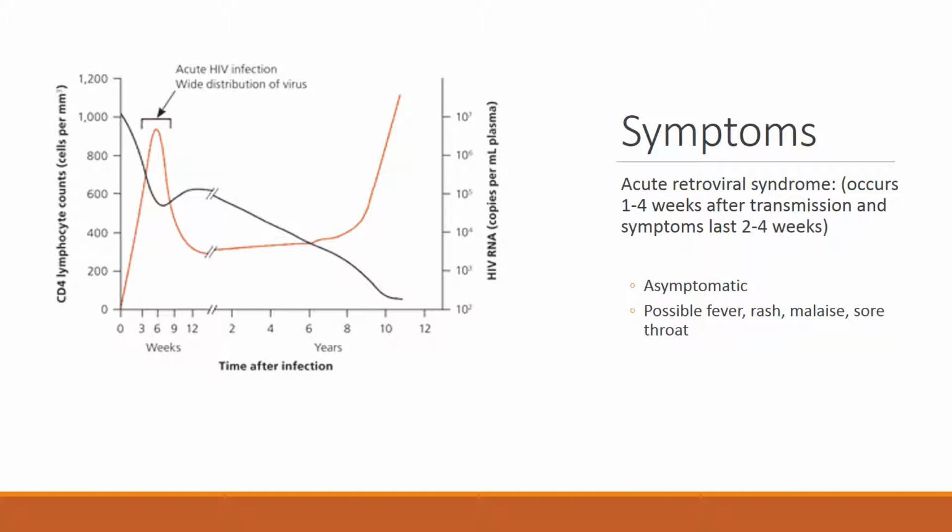So yeah, there's two stages. Again, there's that acute retroviral syndrome at the beginning, 1 to 4 weeks after transmission, and then at the very end of the disease process when the lymphocyte levels are real low.